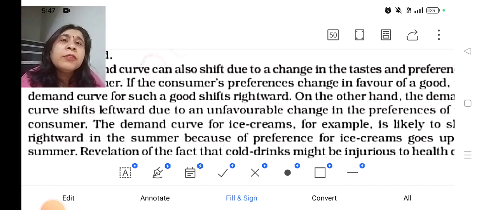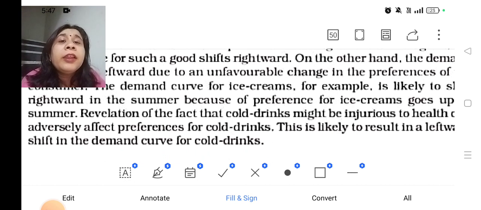Same demand curve will shift leftward during the winter season, because now the season doesn't demand ice cream by the consumer, revealing the fact that cold drinks might be injurious to health and adversely affect the preference, as the consumer awareness increases now.